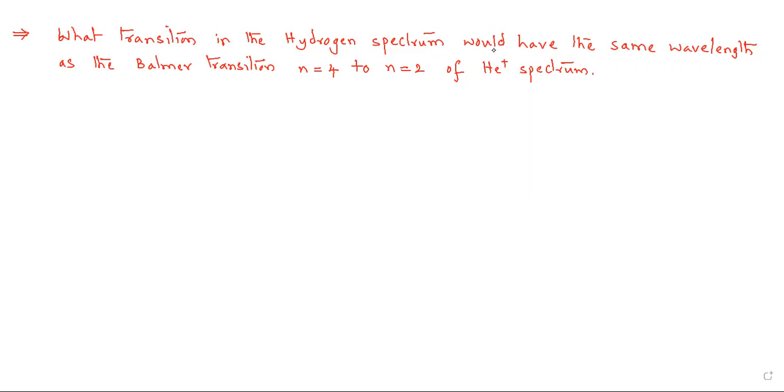Interesting. See, they are asking the transition, nothing but the N1 and N2 values, in case of hydrogen, that will have the same wavelength. Though they have asked the same wavelength, we will be calculating again in terms of wave number, which is more convenient.